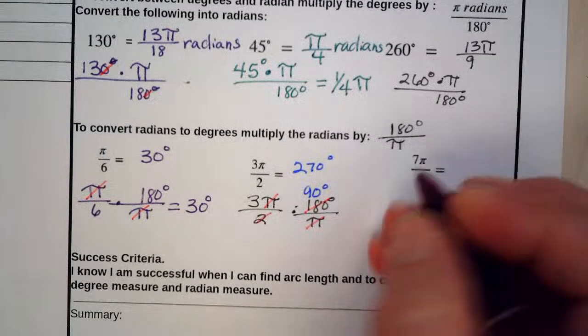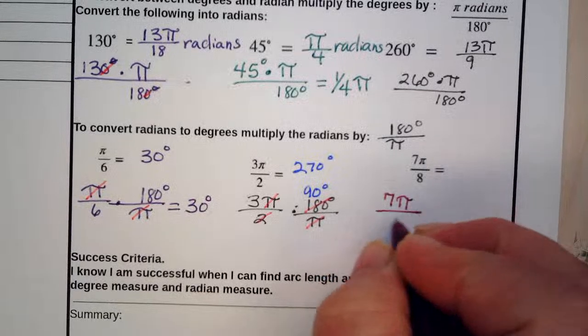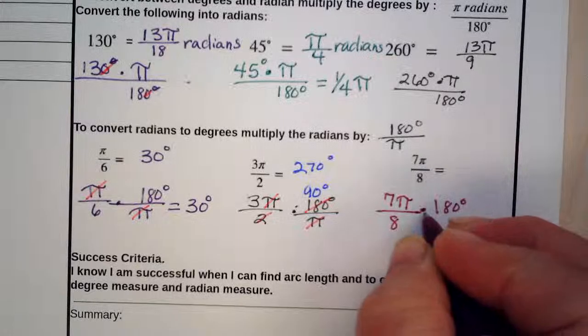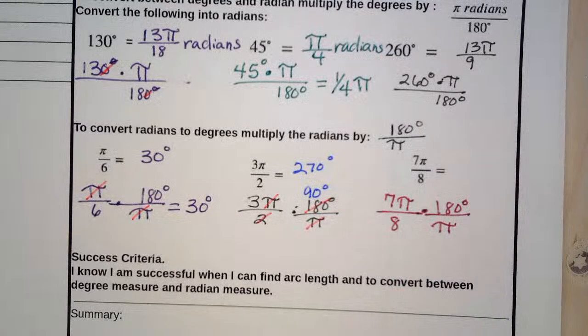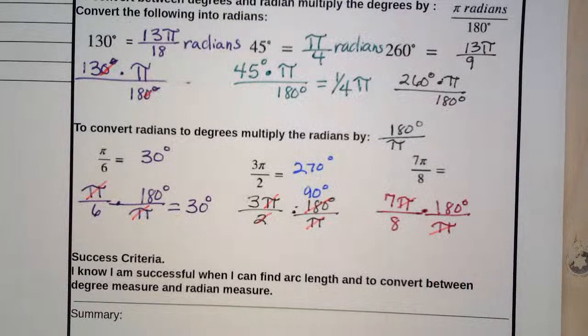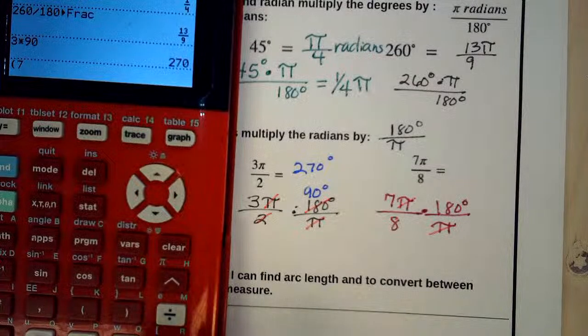I do hope you tried. 7 pi over 8 times 180 degrees over pi. Your pi's cancel out. Okay, I'm going to use my calculator. Parentheses, 7 times 180, parentheses, divide by 8.